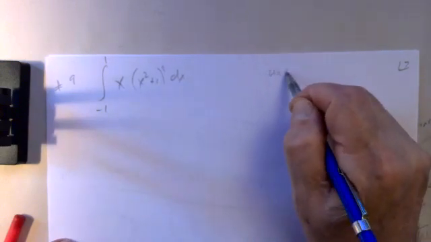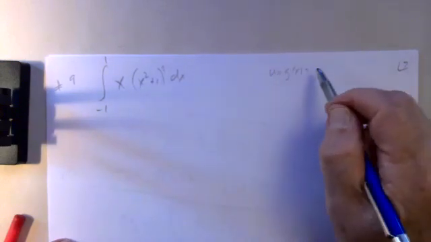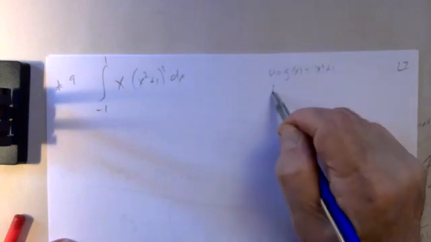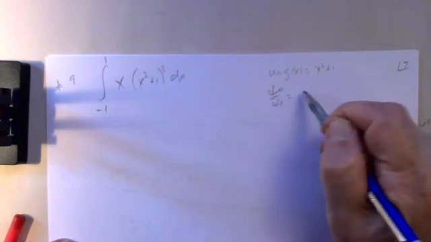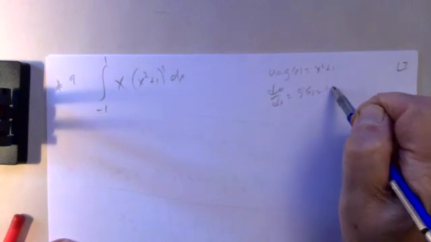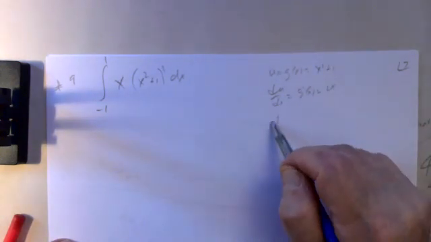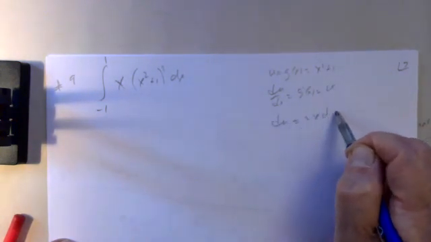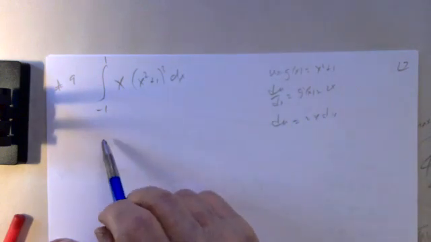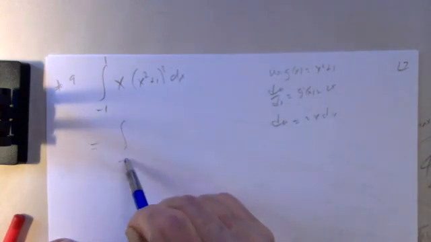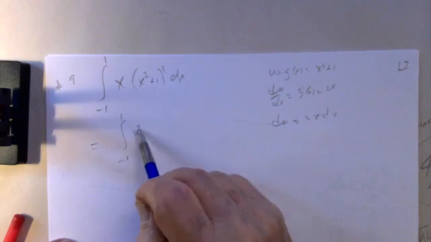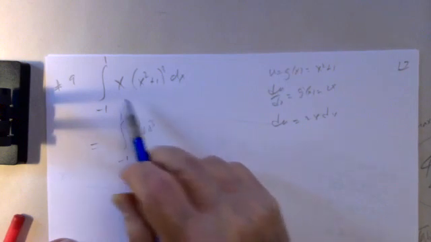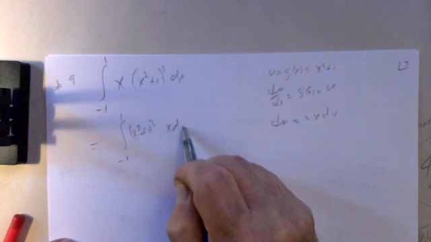And if we let u be my function g of x that we're substituting, equal to x squared plus 1, du dx, or g prime of x, is 2x. So du is 2x dx. This is the integral from -1 to 1, (x squared plus 1) cubed, put the x over here, x dx.